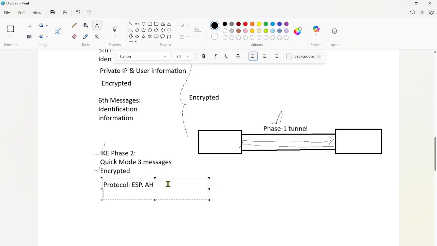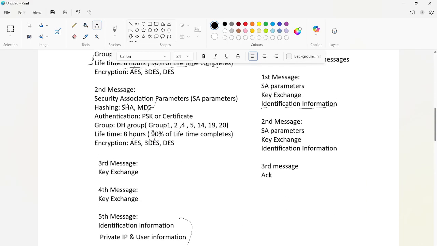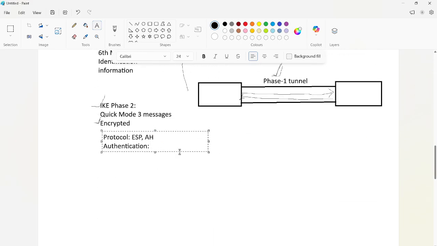Along with the protocol we'll have authentication, the same thing we discussed in phase 1. It also has a group, which we call the DH group. Lifetime, as I told you, each and every tunnel has its own lifetime.